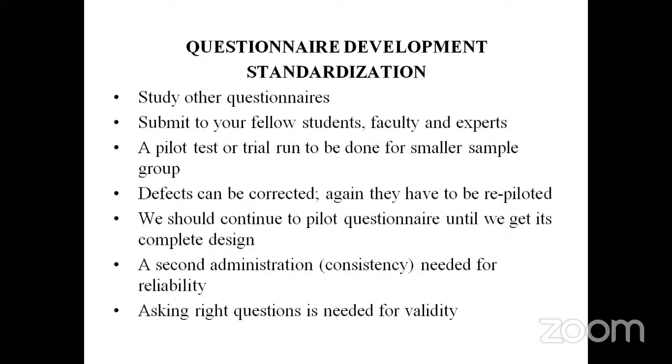Suppose you want to use 32 questions; you have a pilot test or trial run to be done on a smaller sample group. In an experimental study, which is our primary research, we will have a pilot study with 5 subjects.